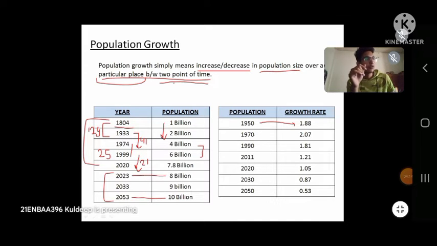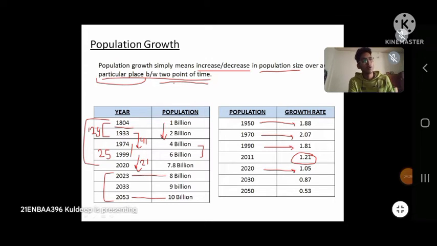You can see initially the growth rate was around 2. In 1990 it was 1.81, but in 2011 it decreased to 1.21. And in 2020 it was 1.05.